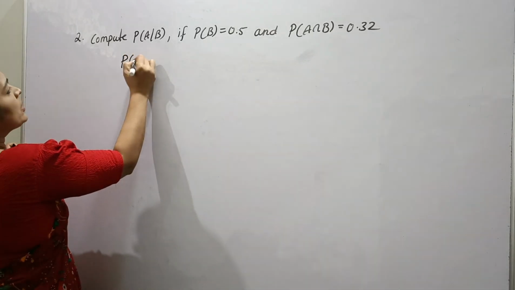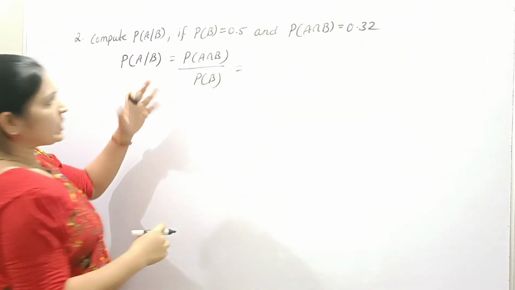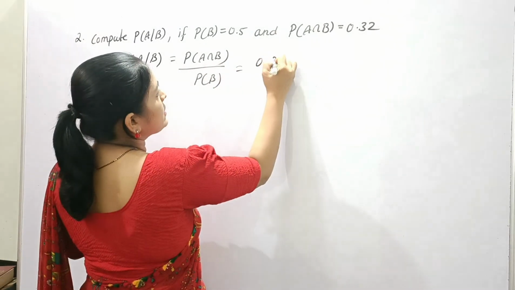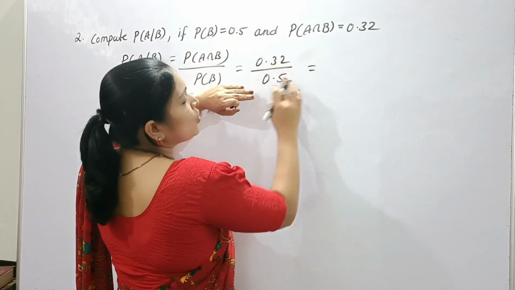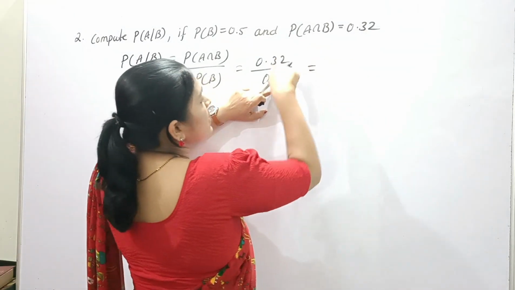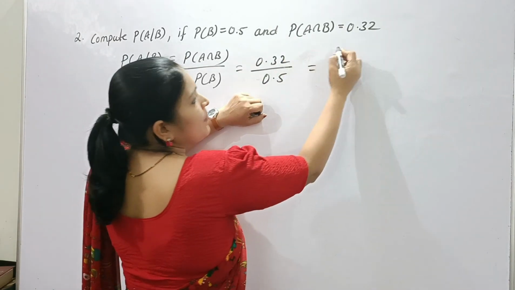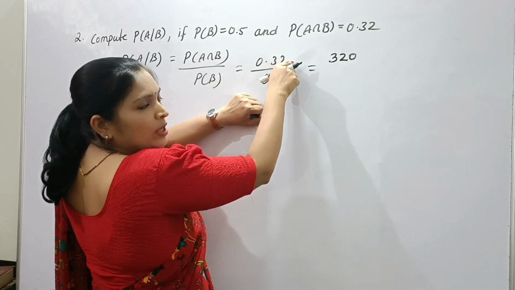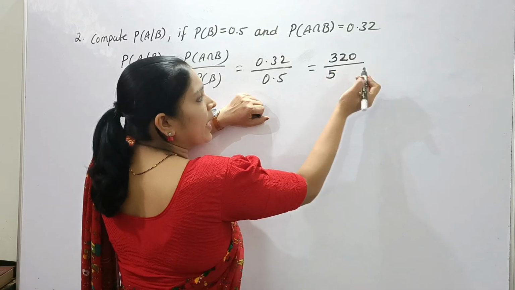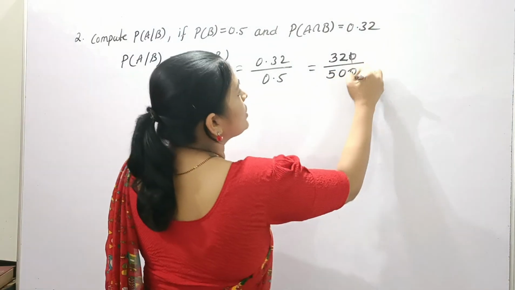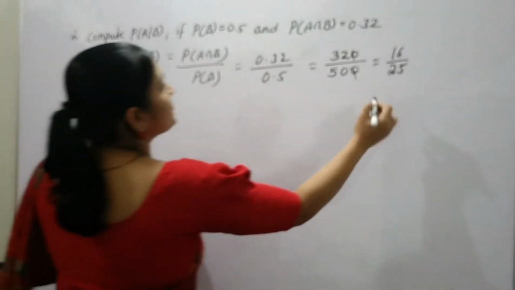So here we have to find probability of A given B. The formula is probability of A intersection B divided by probability of B. Substituting the given values, 0.32 divided by 0.5. In the numerator there are 2 digits after the decimal, and in the denominator 1 digit, so we multiply by 100 throughout, giving 32 divided by 50. So 32 by 50 is 16 divided by 25.